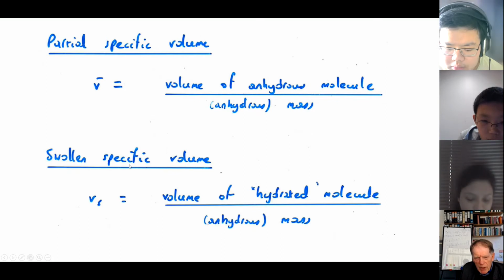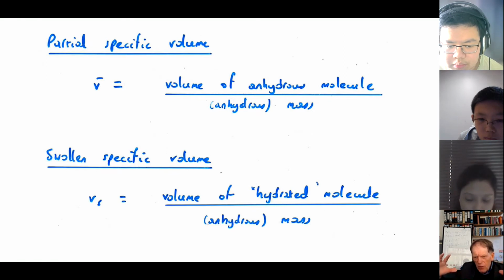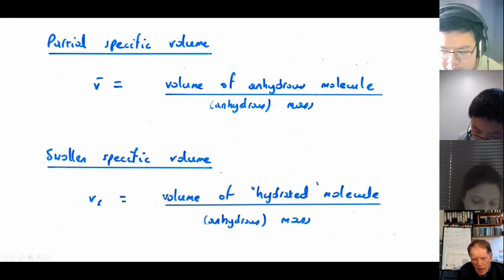The swollen specific volume, symbol little v with a subscript s, is defined as the volume of the hydrated molecule, because of this water association, divided by the anhydrous mass. Not the hydrated mass, but the anhydrous mass.